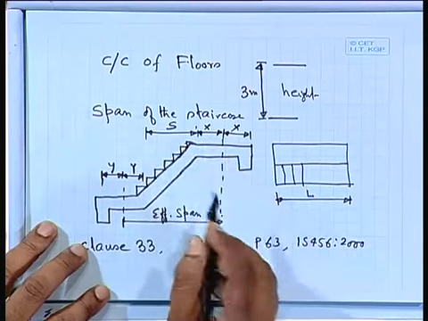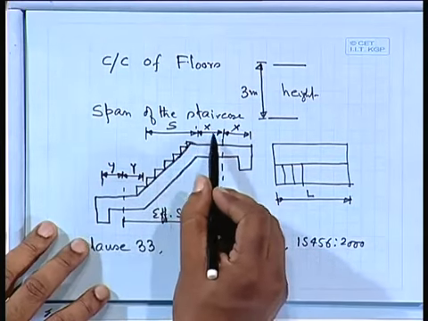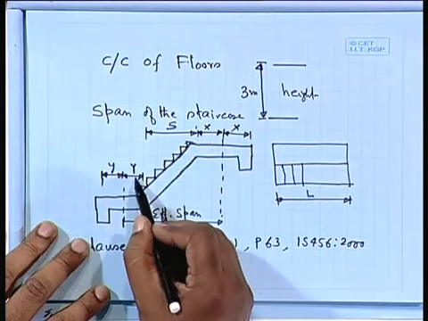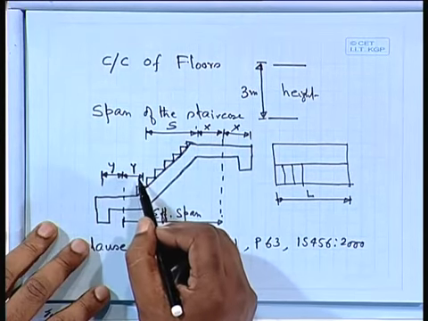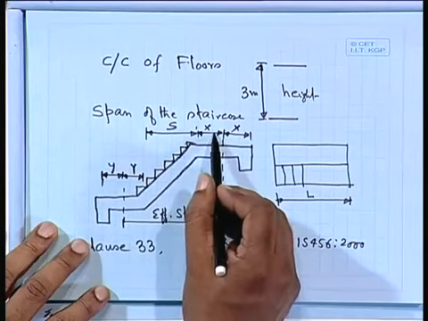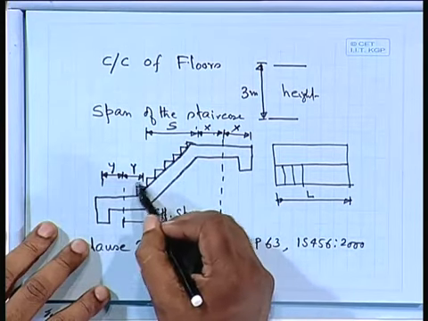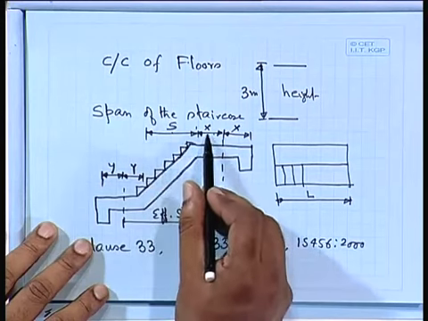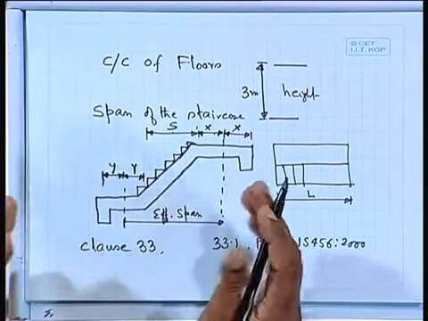Our code says that if x is less than 1 and y is also less than 1, that means if x and this other one, y, are less than 1, then you take s plus x plus y as the effective span.